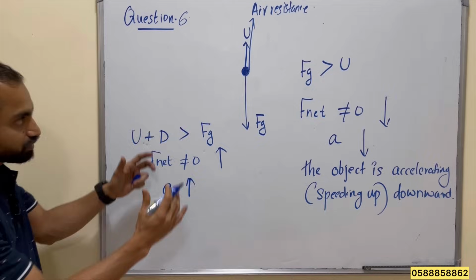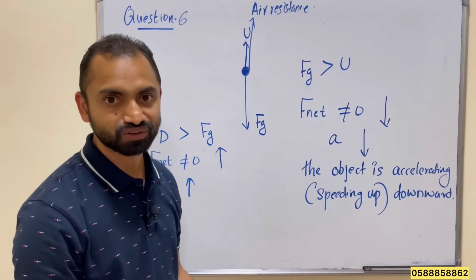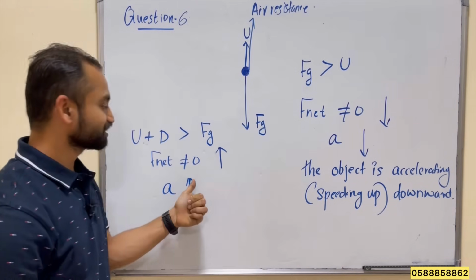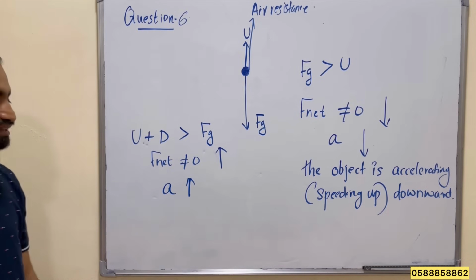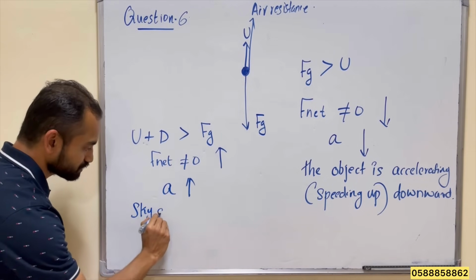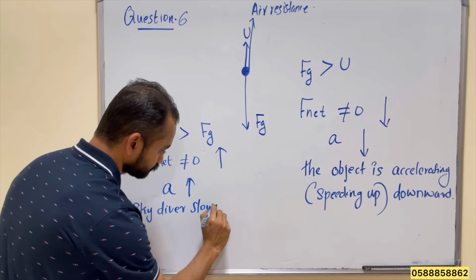So the skydiver is actually falling, okay? The skydiver is moving down. Acceleration is in the upward direction. What does it mean? It means the skydiver is slowing down.